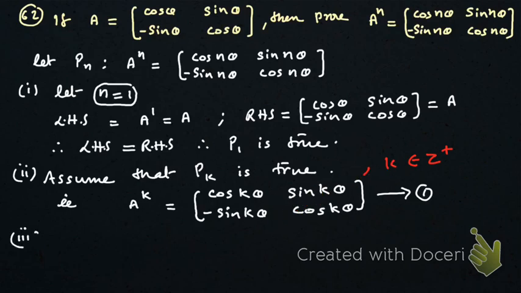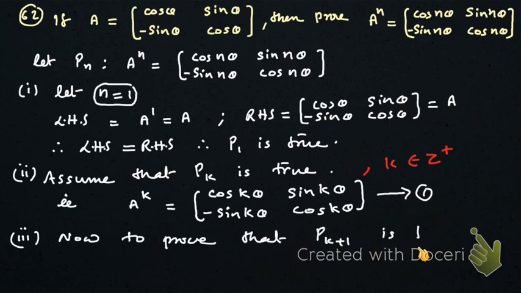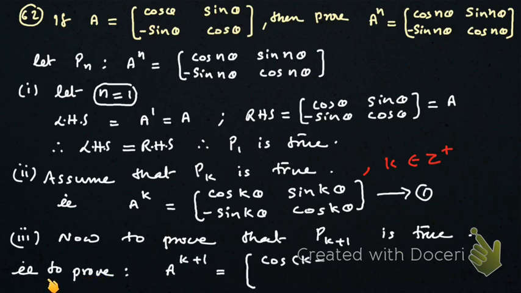So stage 3 will say, now to prove that Pk plus 1 is true. That is, to prove, we haven't proved it yet, we just say we need to prove this particular relation now. This is what I am supposed to prove.